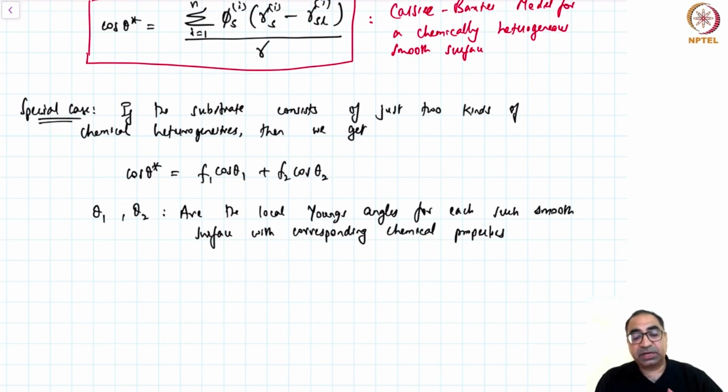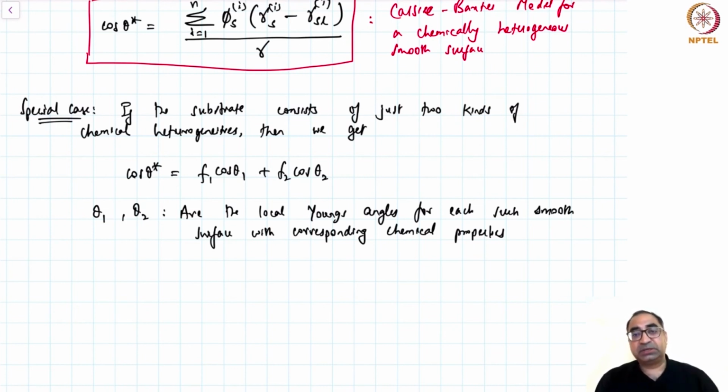So for example, if you have an untreated glass plate, then the angle, let's say, is theta2, and now you do some chemical treatment on the glass surface, then the angle is theta1. Now you can have a combination where portions of the glass plate are treated and portions are not treated. Now what you have is a composite glass surface where parts of it are treated and parts of it are untreated.